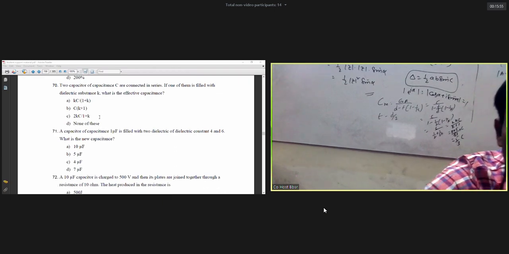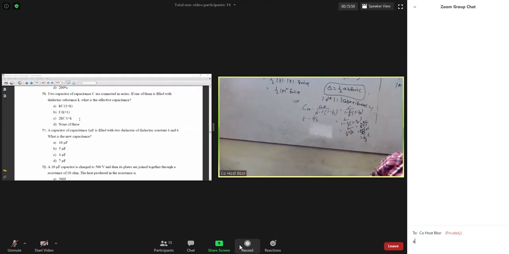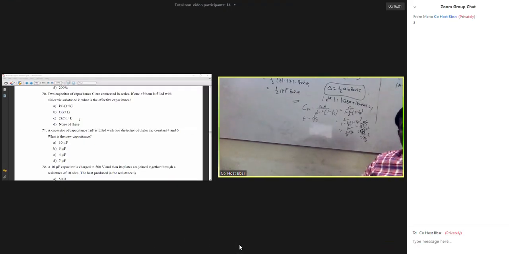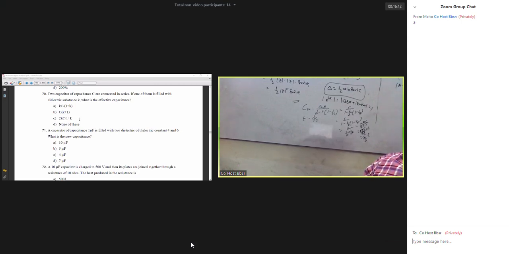Question 70. Two capacitors, C and another one with dielectric, KC. So the answer is C1 C2 upon C1 plus C2, so answer will be A: KC by K plus 1.